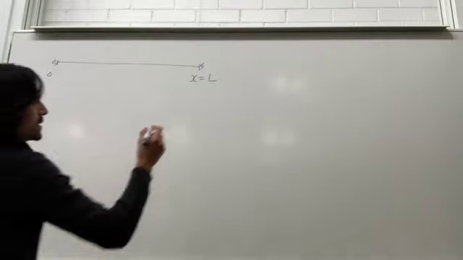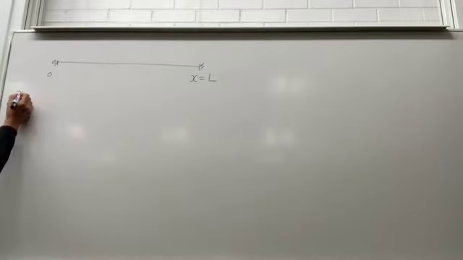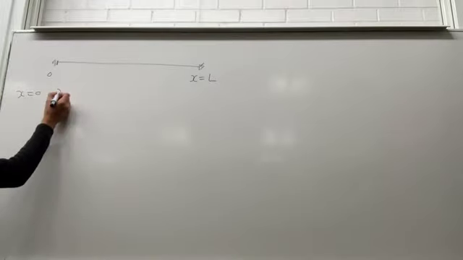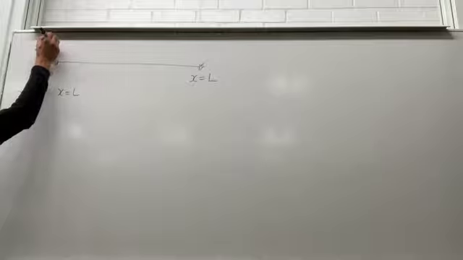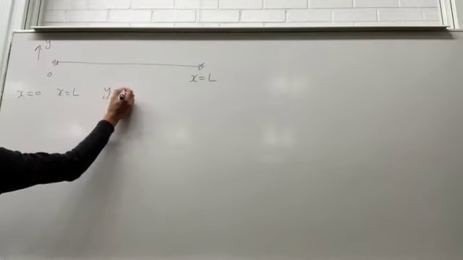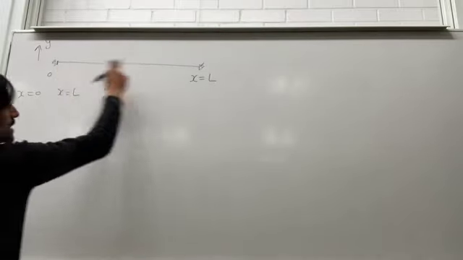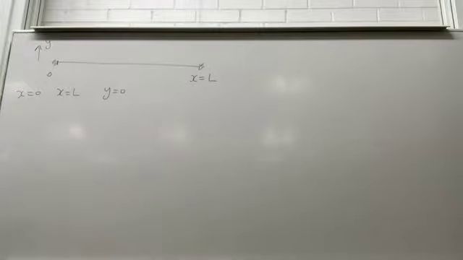We know that at x equals 0 and at x equals L, y equals 0, right? It's fixed here and it's fixed here, so it has to be 0 at these 2 points.